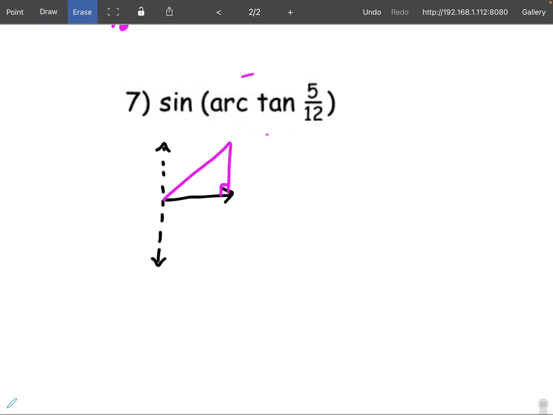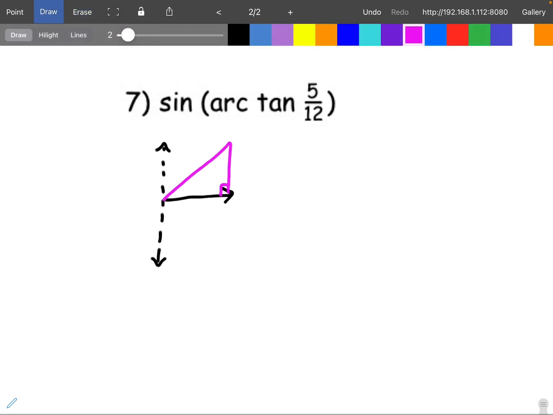So we go ahead and draw our triangle. Now remember though that tangent is y over x, so that means that this must be the y, this must be the x. So I'm going to fill in 5 for my y, 12 for my x, and then from that I want to find sine.